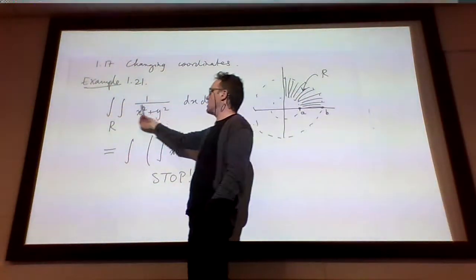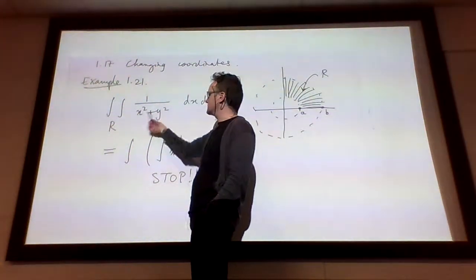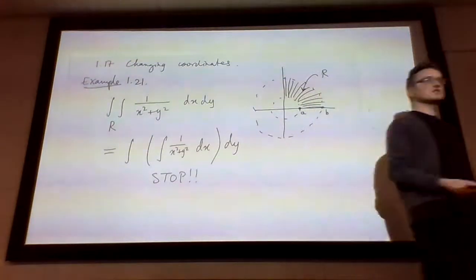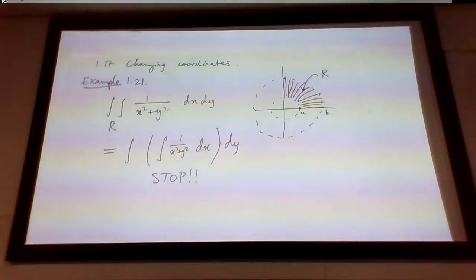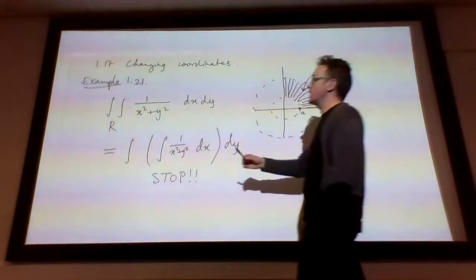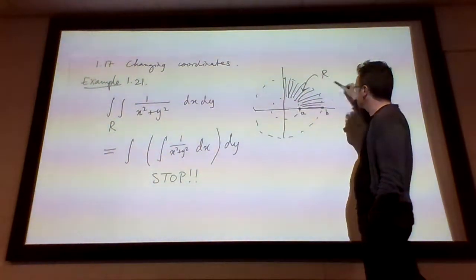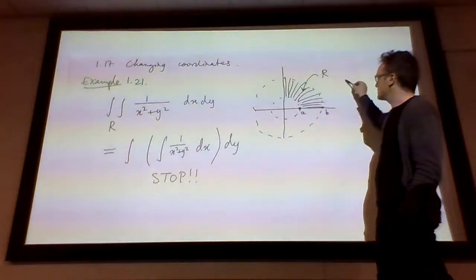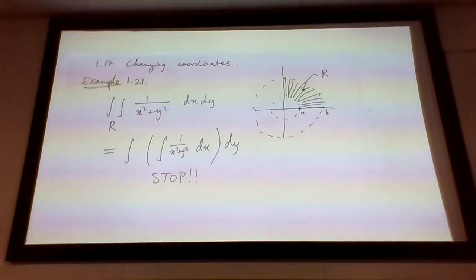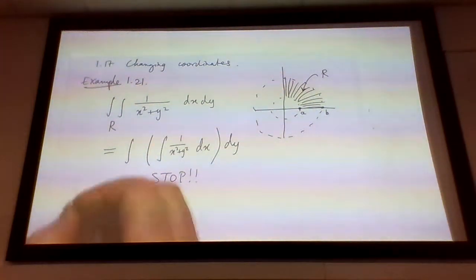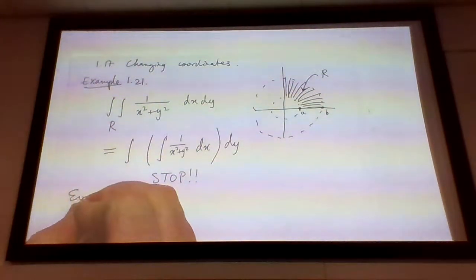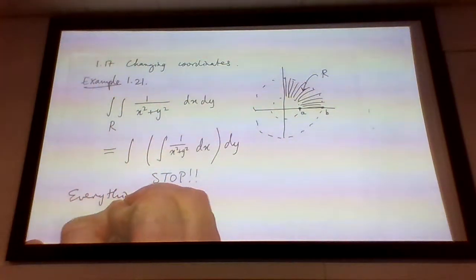The function we're trying to integrate involves this x squared plus y squared, which is, of course, the square of the radius, the square of the distance from a point to the origin. The distance from a point to the origin is this radial line from the origin to wherever the point is. Okay? So everything about this looks very circular.